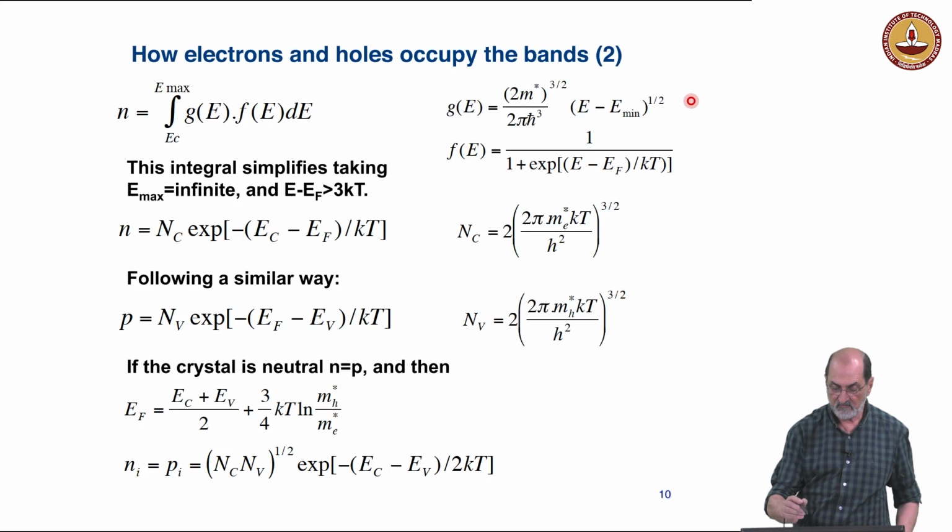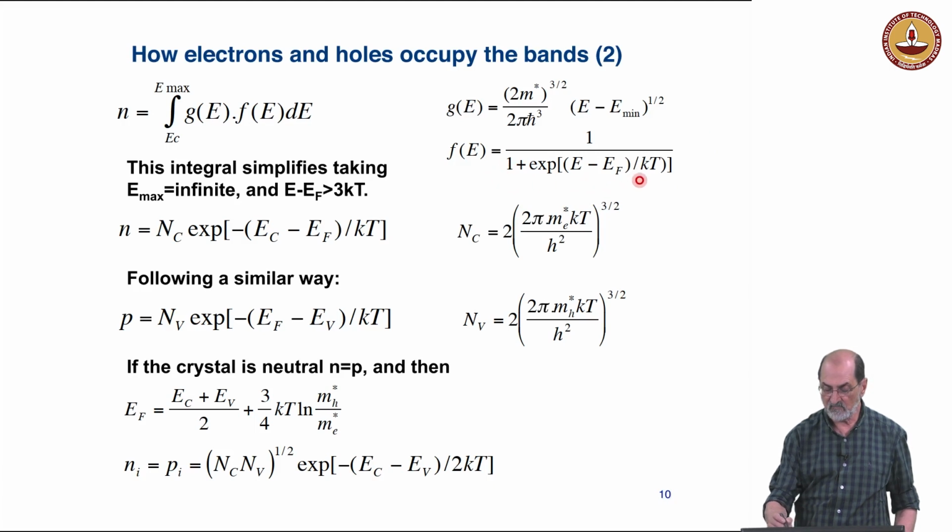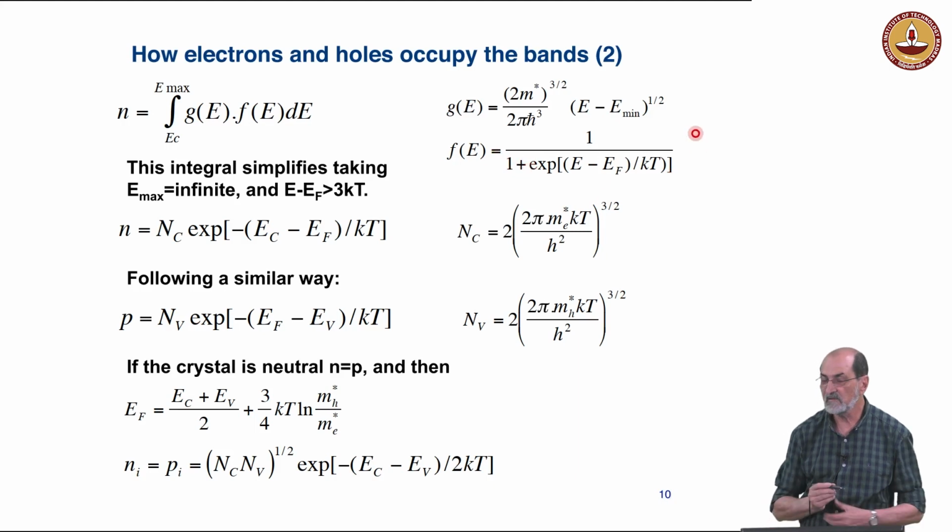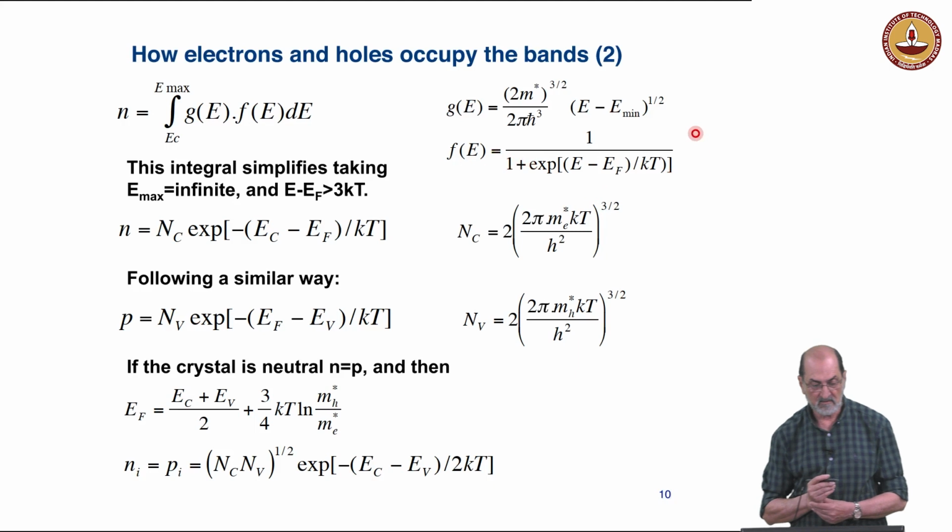Well, here we have to make this product, but it's very difficult to integrate. But since E minus EF over kT is large, this exponential is quite large, so we can get rid of the 1, and this becomes a Boltzmann distribution, just an exponential.